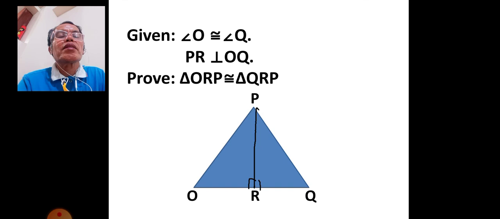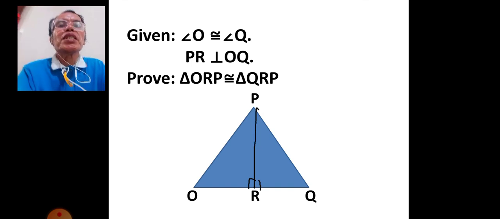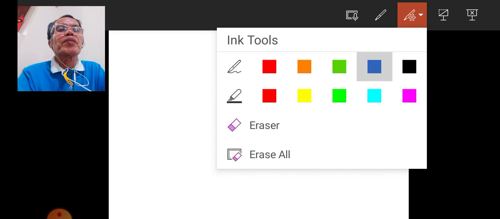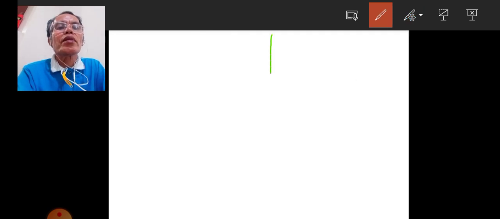Okay, next. We're given angle O is congruent to angle Q and segment PR is perpendicular to segment OQ. We are going to prove that triangle ORP is congruent to triangle QRP. So we are going to have a 2-column proof again.